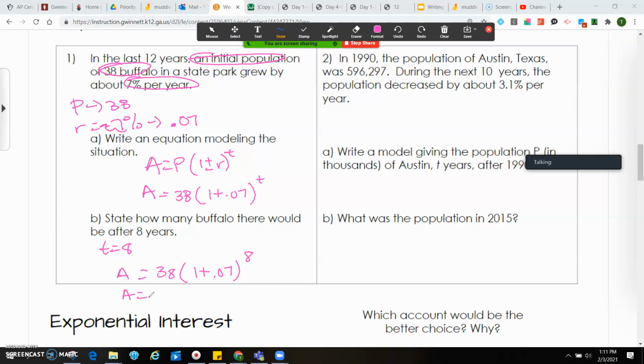I highly suggest practicing typing this into your calculator, because a lot of people do pretty well understanding what this stuff is, but they don't do well with plugging it in. When I plug this into my calculator, I get 65.29, which we can't have half a buffalo, so we're probably going to round either up or down, and it just depends on the test whether you round up or down.